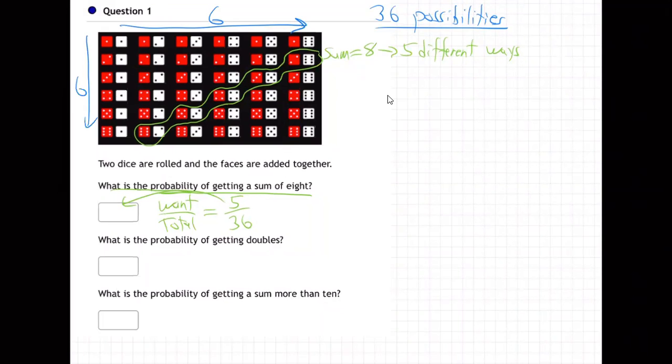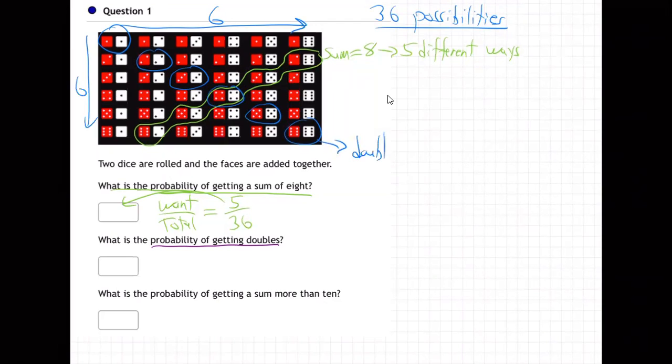They're saying, what's the probability of getting doubles? Oh. Where are doubles? What would doubles be? Doubles would be 1 and 1. I don't know. I can't really see that purple very well. Let me change my color plan. Doubles, so 1 and 1, 2 and 2, 3 and 3, 4 and 4, 5 and 5, 6 and 6.